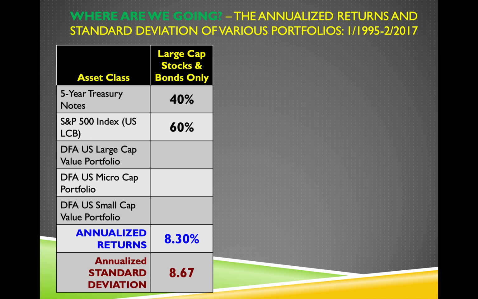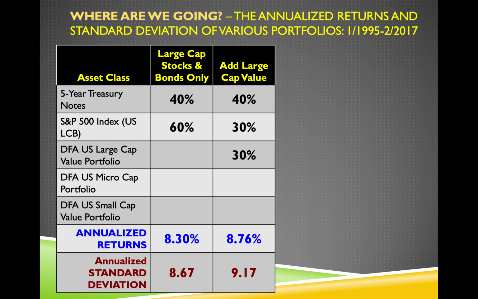Now, large company stocks constitute about 80% of the total market capitalization out there. So this is a fairly good indication of the overall market. The annualized returns of that were 8.3%, and the standard deviation, the measure of volatility of that portfolio, is 8.67.